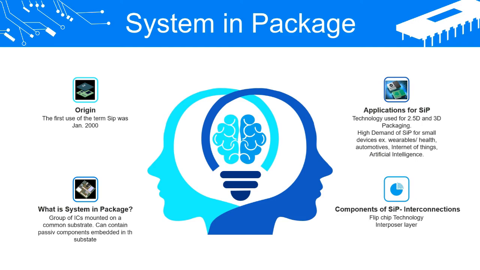The application of SiP technology is used for 2.5D and 3D packaging, with high demand for SiP in small devices, for example wearables, health, automotive, Internet of Things, and artificial intelligence. The components of SiP interconnection are the flip chip technology and the interposer layer.